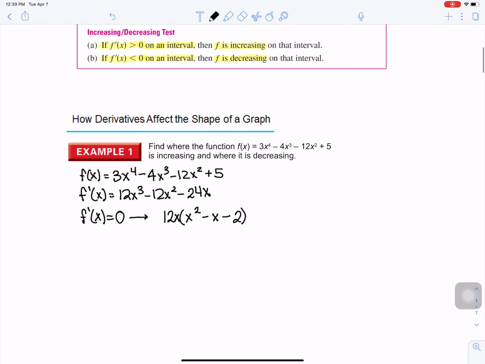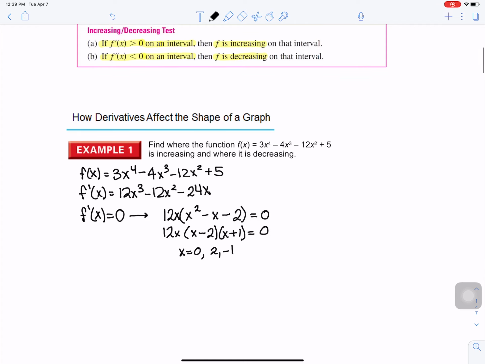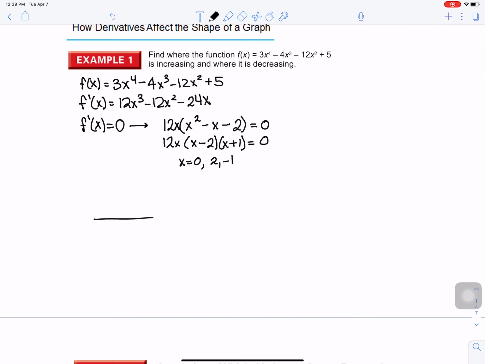Then I'm ready to factor. With 12x, I need two numbers that multiply to negative 2 and add to negative 1, so (x minus 2)(x plus 1). I want to find out where the zeros of the derivative function are. So there are x-intercepts at 0, 2, and negative 1 on the derivative graph. I'm going to draw a number line, and this number line represents the values of f prime of x.